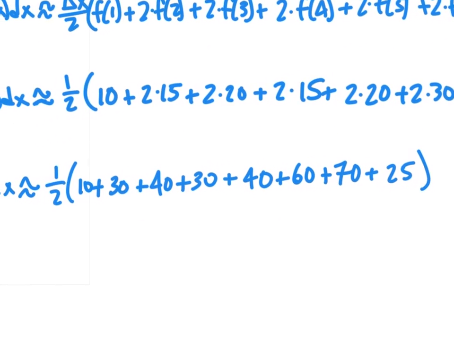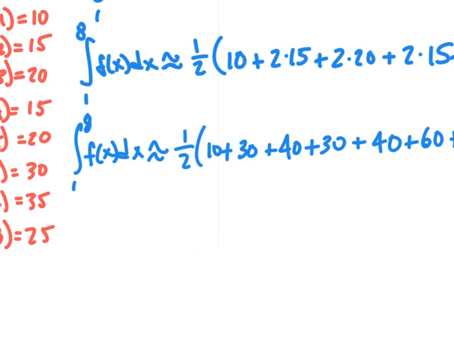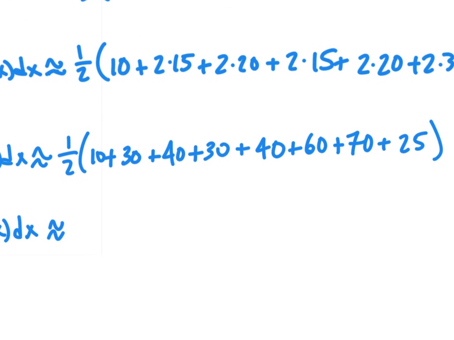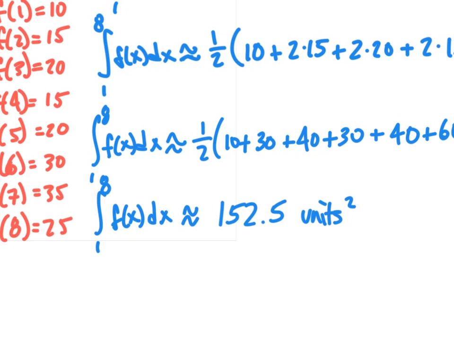I'm going to go ahead and plug all this into my calculator real quick. After calculating that on the calculator, this gives me a total area of 152.5 units squared. So that's what I've got.